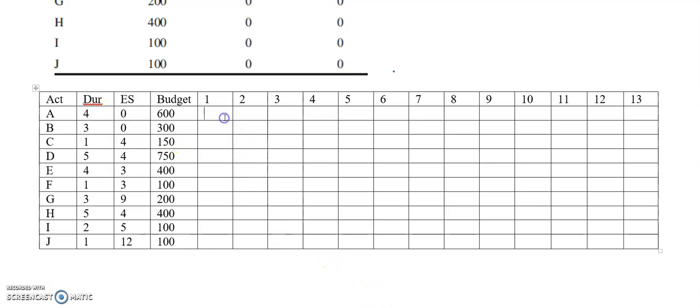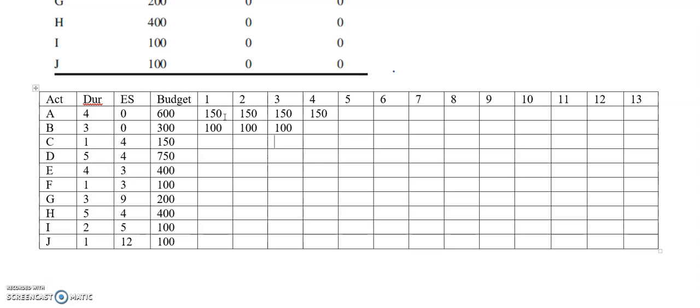So if it is 600, dividing equally over 4 days gives 150, 150, 150, 150. For B, because it also starts from the first day, 300 for 3 days is 100, 100, 100.